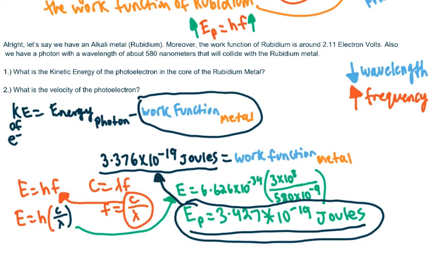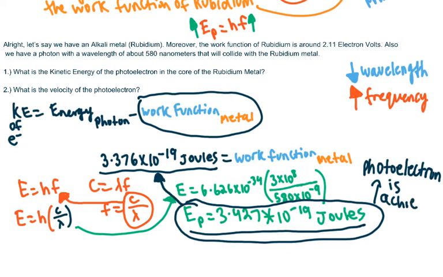And so our photon will strike that core electron, and that core electron will be freed, becoming a photoelectron on the surface of our rubidium metal. All right, photoelectron is achieved.